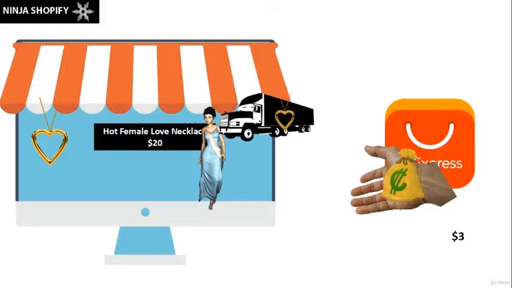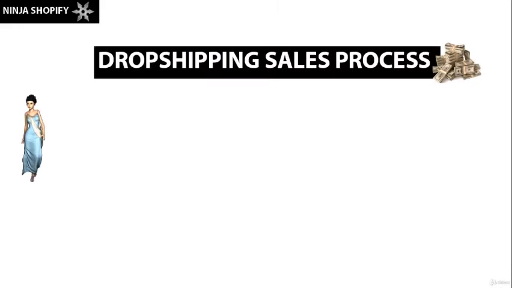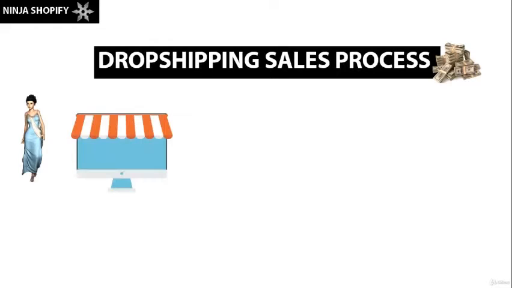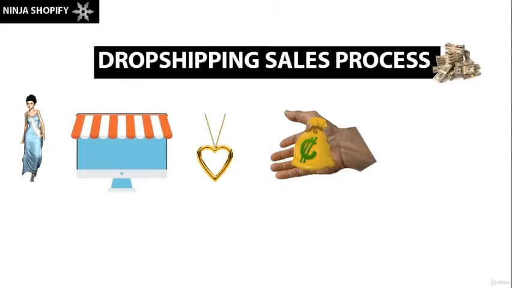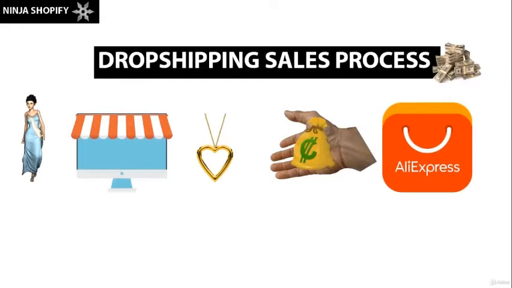Now let's have a recap of the whole process. Your customer comes to your e-commerce store and buys the necklace, you get the money, you buy it from AliExpress, and we ask the supplier from AliExpress to ship it to your customer.